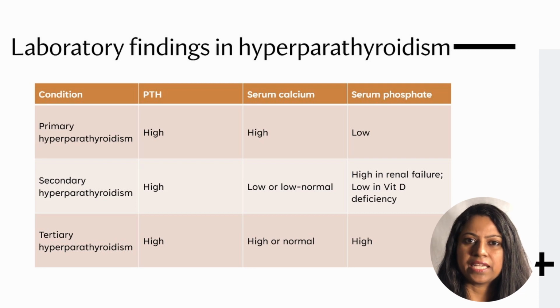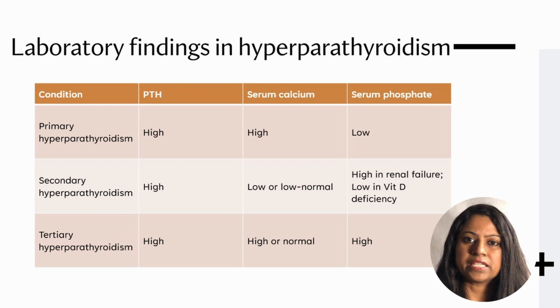On the other hand, in secondary hyperparathyroidism, the primary cause is a low serum calcium level, which in turn will cause the PTH to be elevated. The level of phosphate will actually depend on the cause of secondary hyperparathyroidism. If the cause is renal failure, then the phosphate will be elevated.